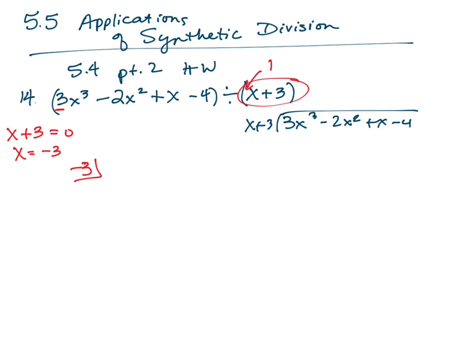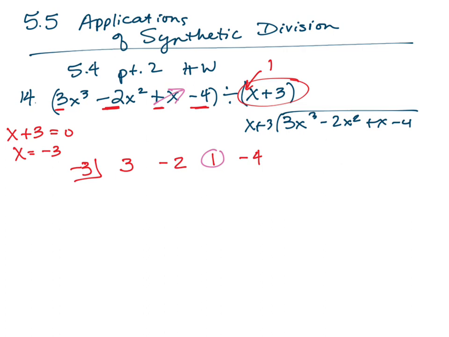Now, what comes next is I need the coefficients of each term represented here. So I started with a degree x cubed. Highest degree is 3. So I need the coefficient of x cubed and x squared and x and the constant. Every single term was represented here. One thing that we talked about on Friday is if for some reason there is no x term or there is no x squared term and there just happened to be nothing there, you would have to put a 0 in the place to hold that spot.